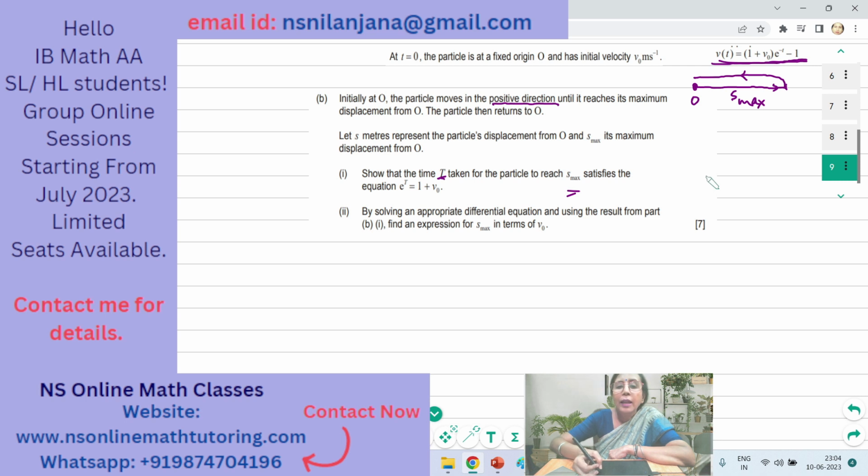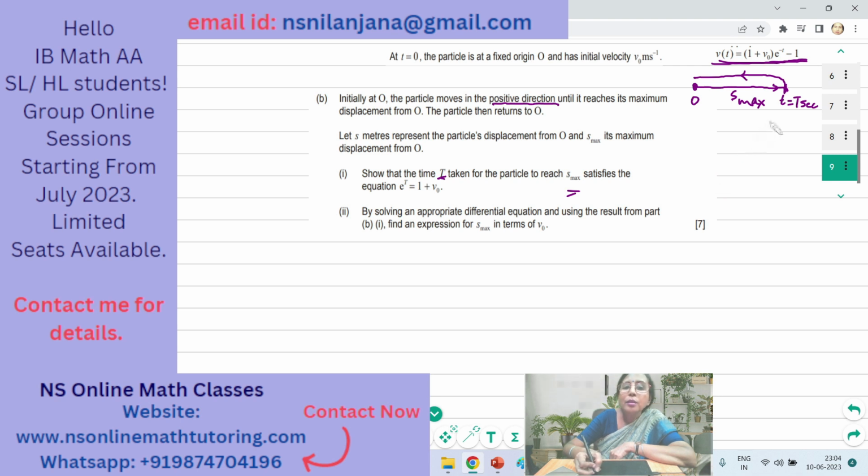After the particle comes to S max, the maximum displacement, it just turns and goes back to its original position. This S max occurs when the time is capital T seconds.